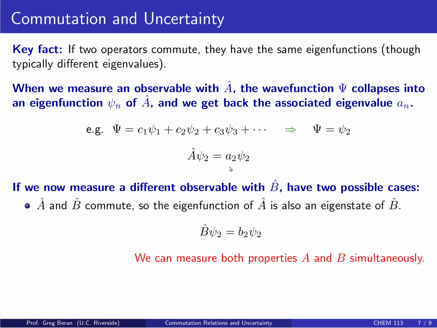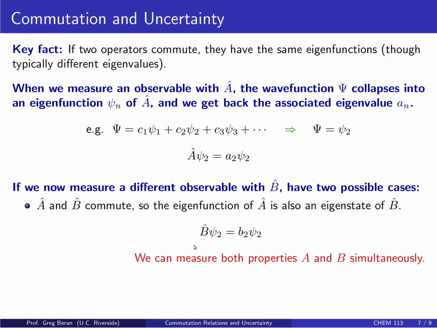If we now go to measure a different observable with operator b, we have two possible cases. The first case, maybe a and b commute. And so the eigenfunction of a that we got up here, psi2, is also an eigenfunction or eigenstate of b. I should say I use eigenfunction and eigenstate interchangeably here. They mean the same thing in what I'm talking about.